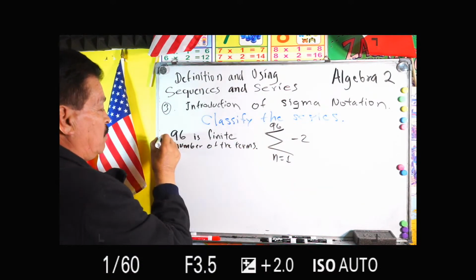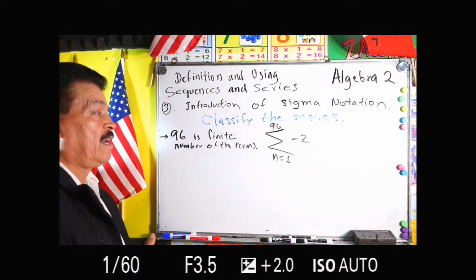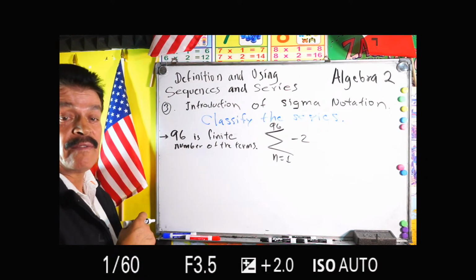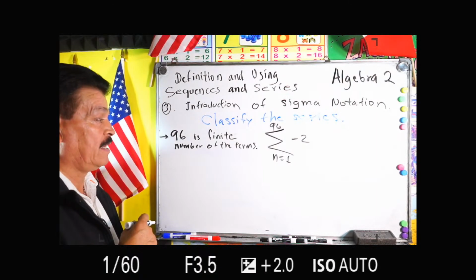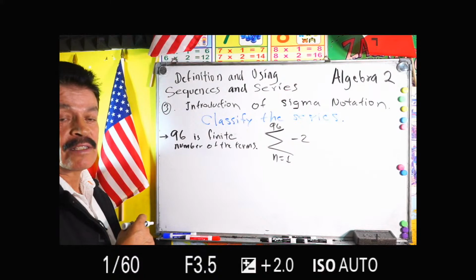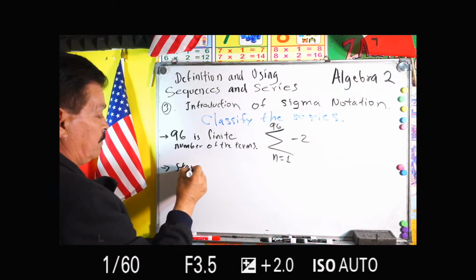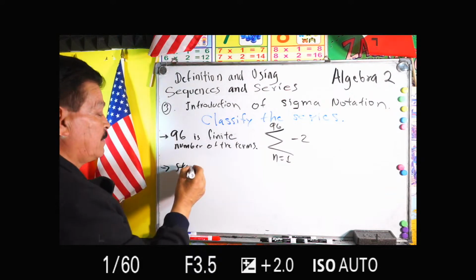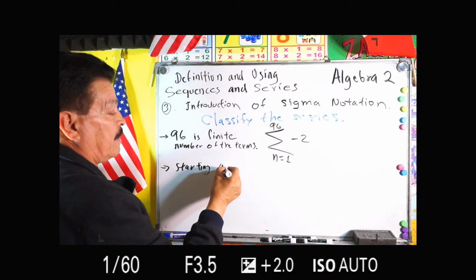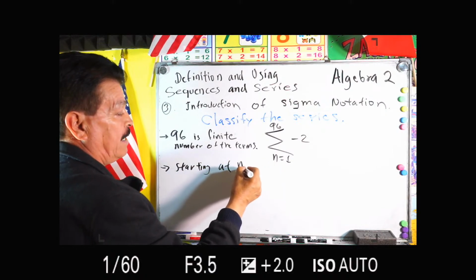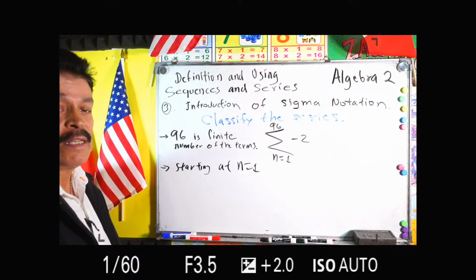So I don't want to continue writing the series. There is one term for every value of the index. So starting at n equals 1, n equals 1, right?